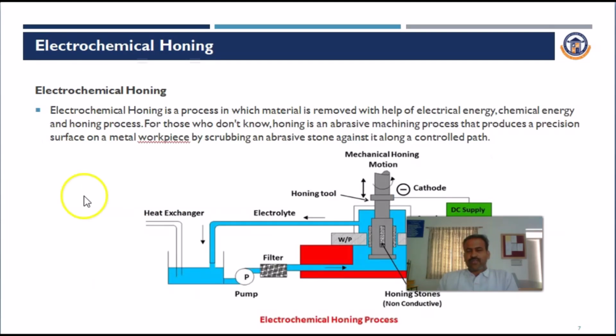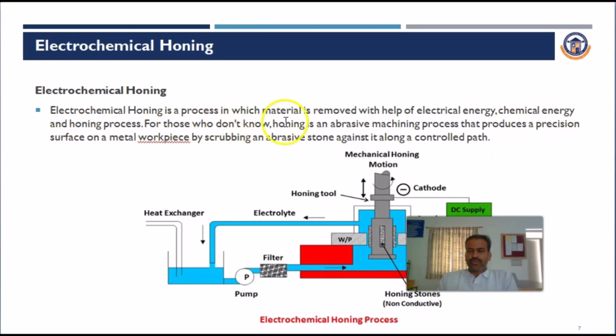The next one is the electrochemical honing process. The honing process is also similar to the electrochemical grinding process. The only difference is that instead of the grinding wheel, we are using a honing stones setup or honing stones wheel. Electrochemical honing is the process in which material is removed with the help of electrical energy, chemical energy and the honing process.